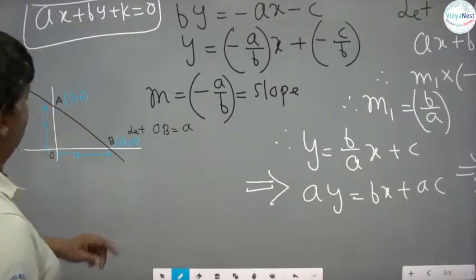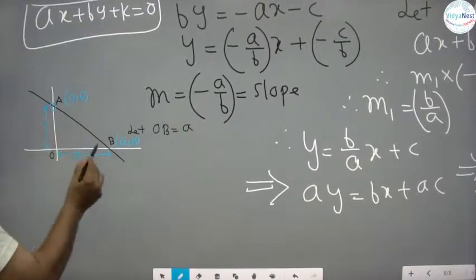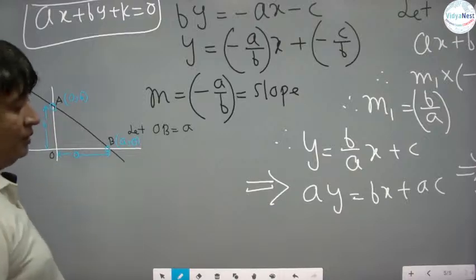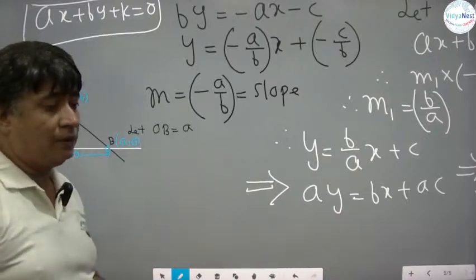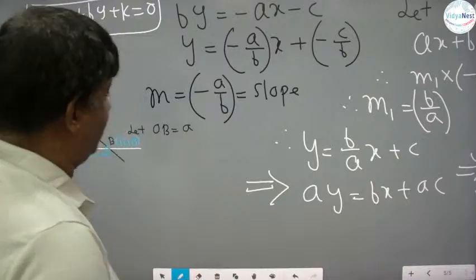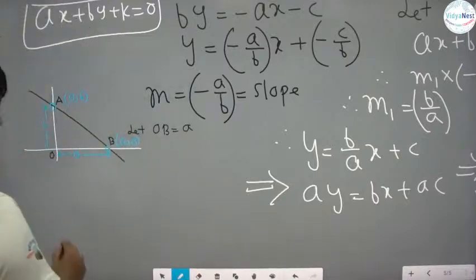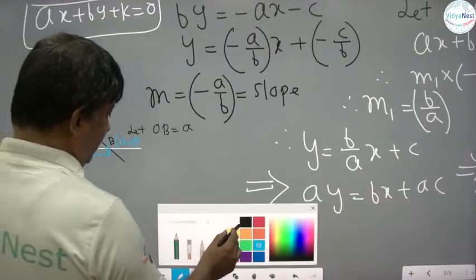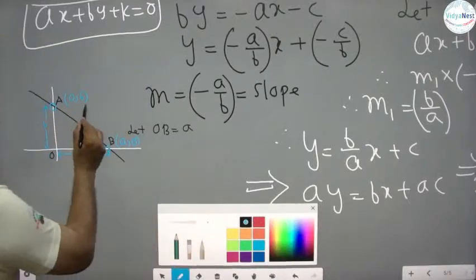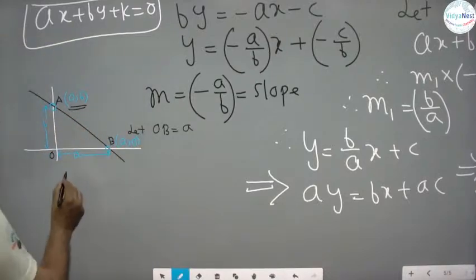Now, once you get the two endpoints of a line, you are already taught how to frame the equation of a line. Therefore, you see there is (0, b) and (a, 0).